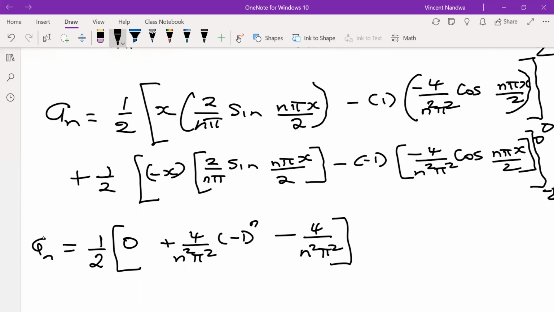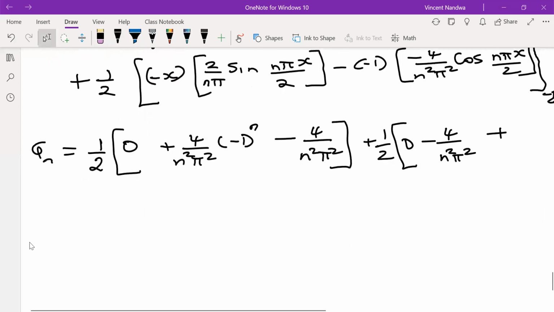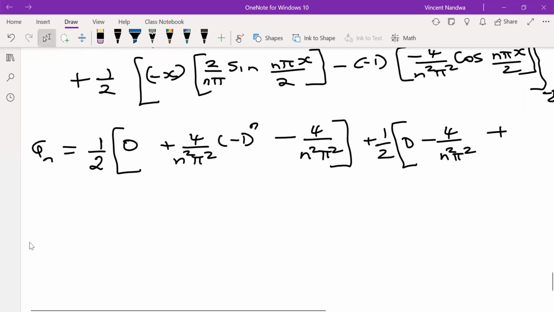Putting limits to the other value, we get plus a half into 0 minus 4 over n squared pi squared plus 4 over n squared pi squared multiplied by negative 1 power n.